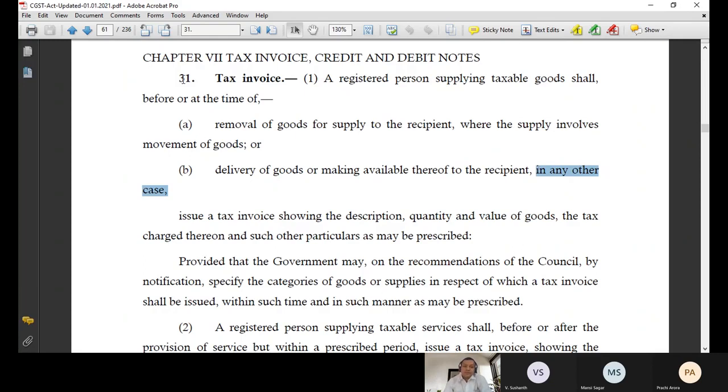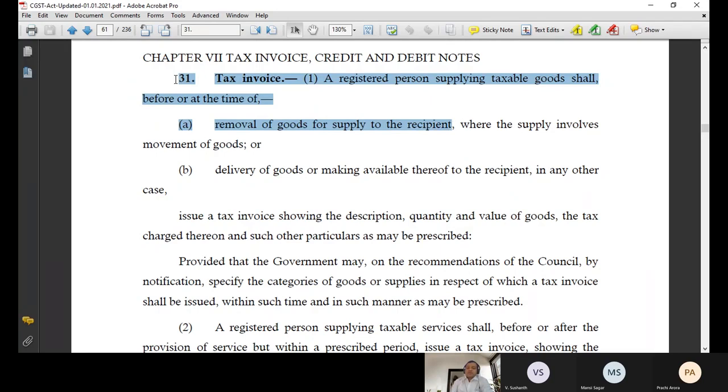Now you clearly read this point. Section 31, tax invoice, subsection 1. A registered person supplying taxable goods shall, before or at the time of, clause A, removal of goods for supply to the recipient.